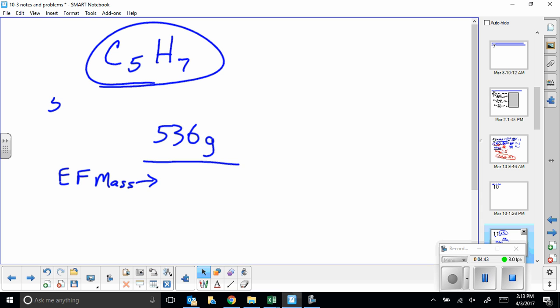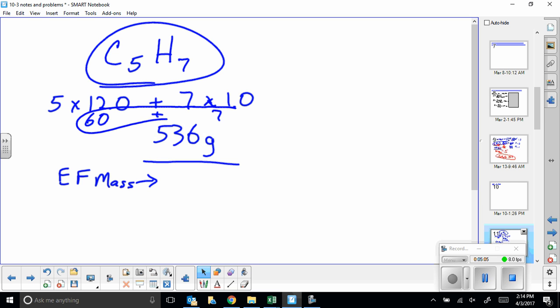So we have 5 times 12.0 for carbon, and we add that to 7 times 1.0 for hydrogen. So we've got 5 times 12, which is 60, plus 7. So 60 plus 7 is 67. So we have 536 divided by 67 gives us 8.